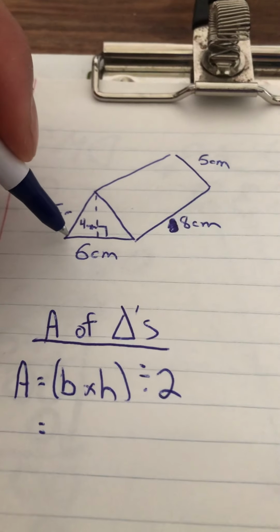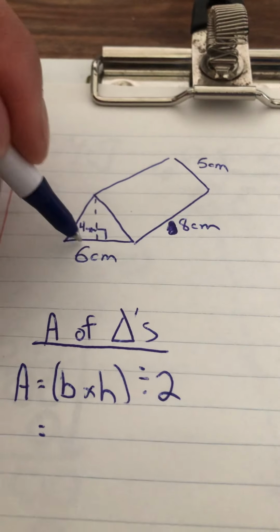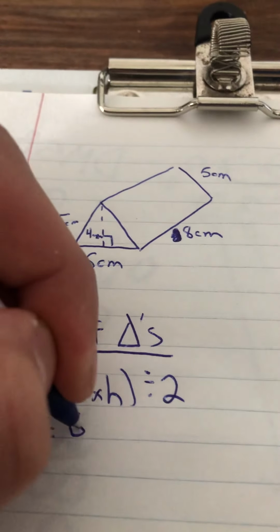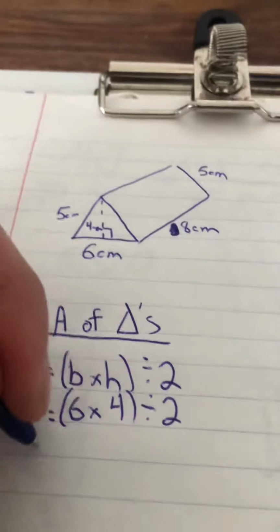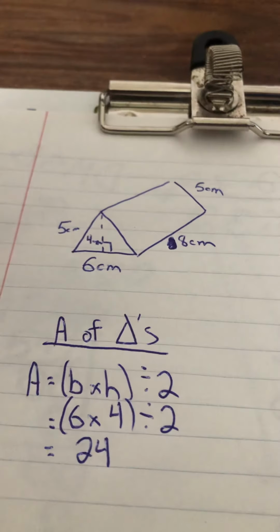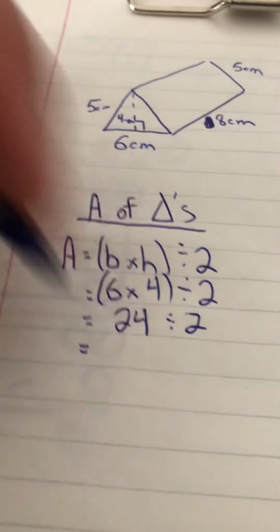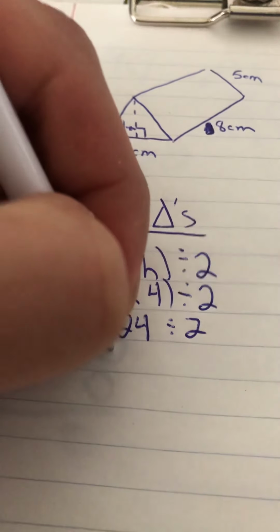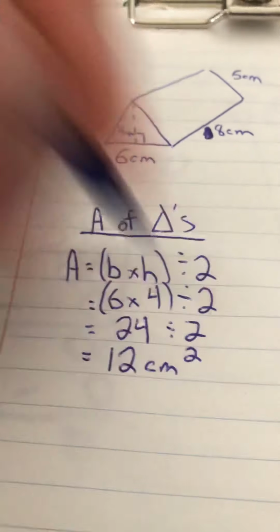So area equals base times height. The base is perpendicular to the height. So our base of this triangle is going to be 6 centimeters. 6 times 4 divided by 2. 6 times 4 is 24, divided by 2, 24 divided by 2 is 12 centimeters squared.